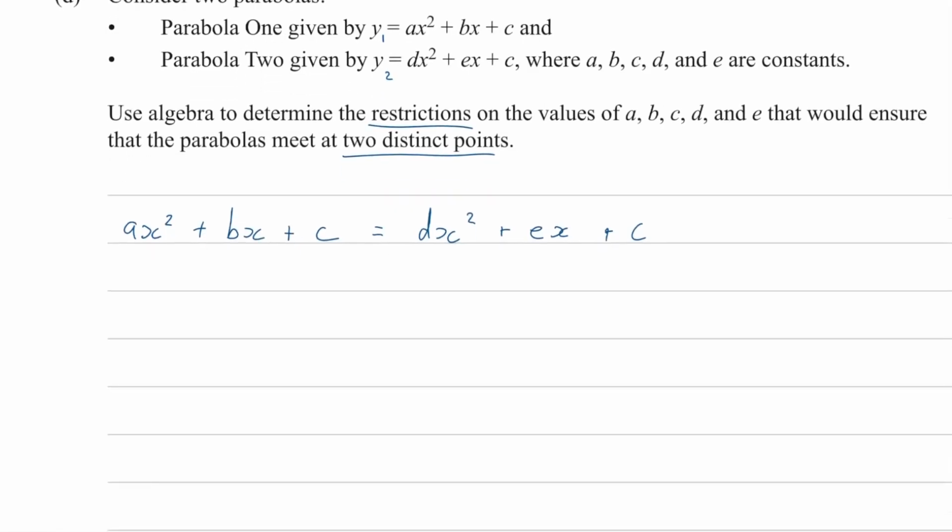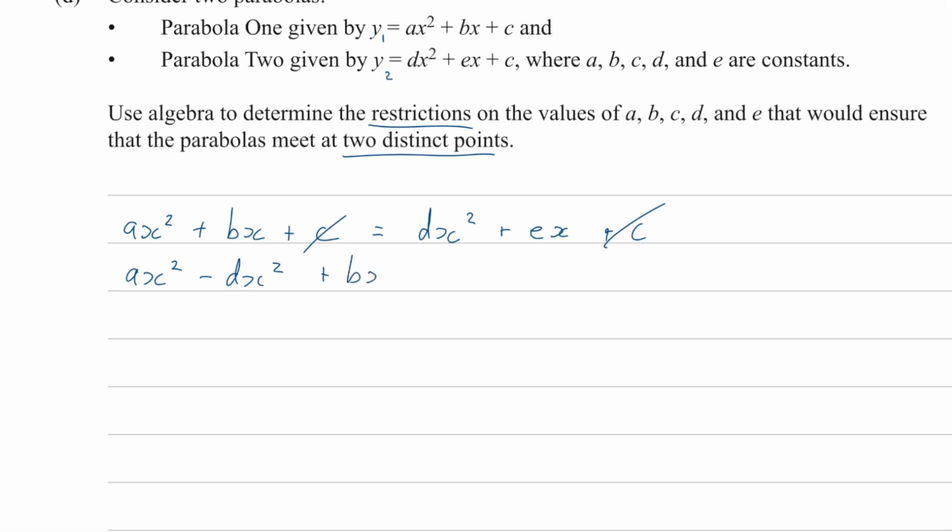So from here, we could simplify it a bit. I notice plus c on both sides and get rid of those. We could group like terms. So the ax squared minus dx squared, so I just took this across.